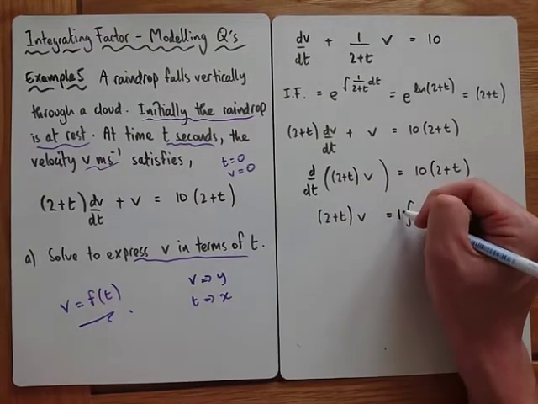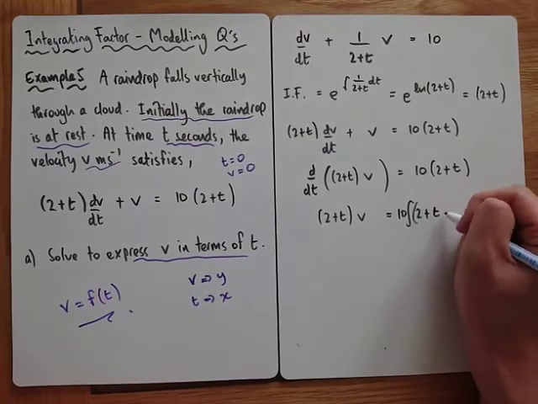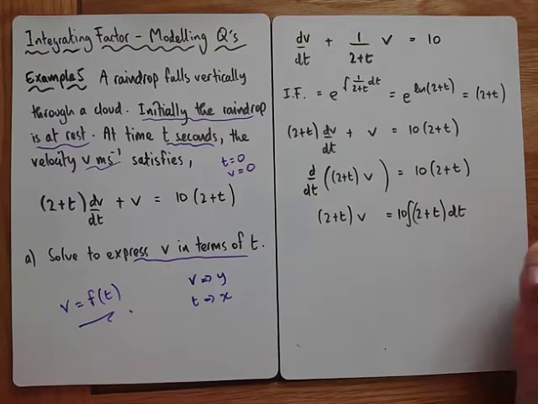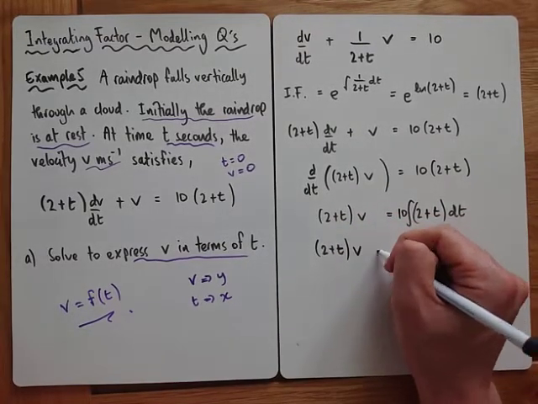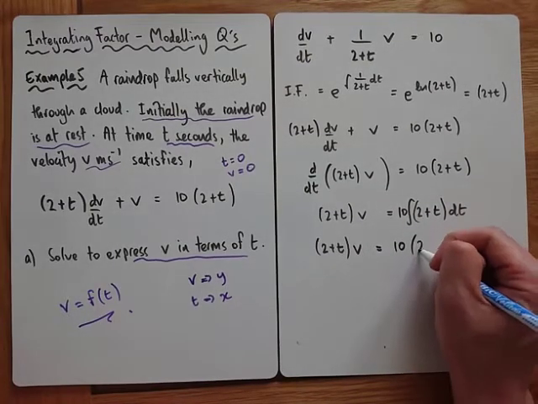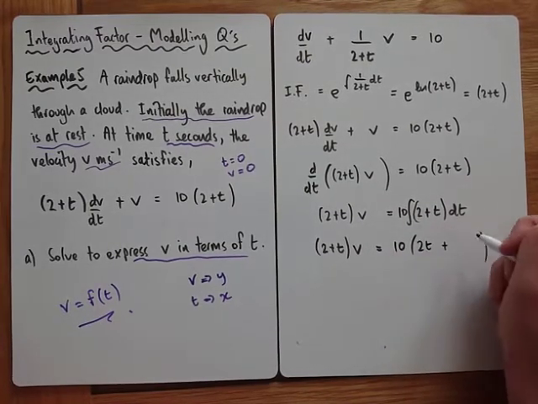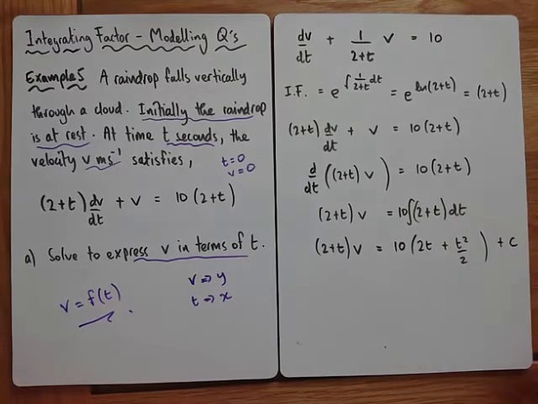Ten lots of something you could write as a multiple outside, so it's 2 plus t that we're integrating with respect to t. That gives 2t plus t squared over 2 plus a constant.